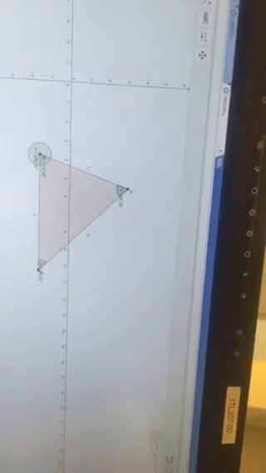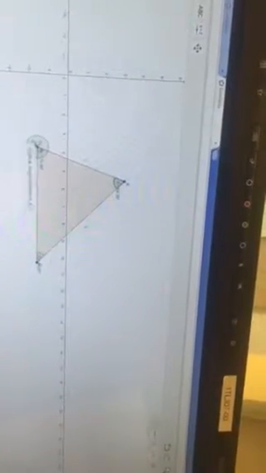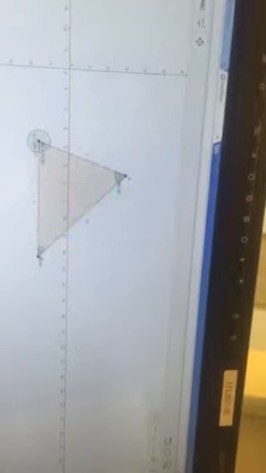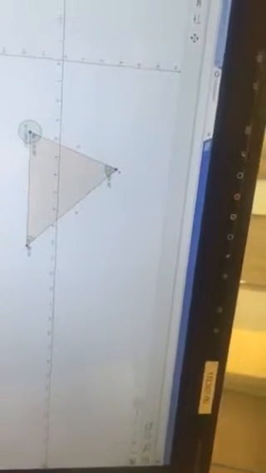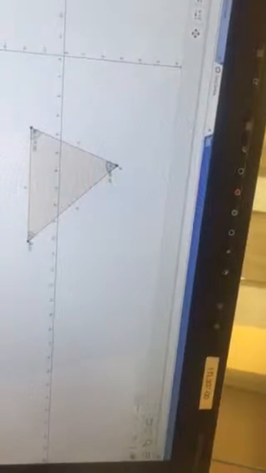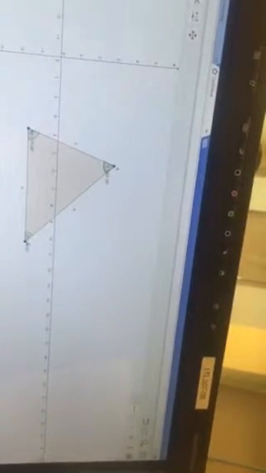So you have alpha, oh sorry, alpha is the exterior angle. So let's just not worry about that for now. Let's unclick it. So beta, gamma, and delta.